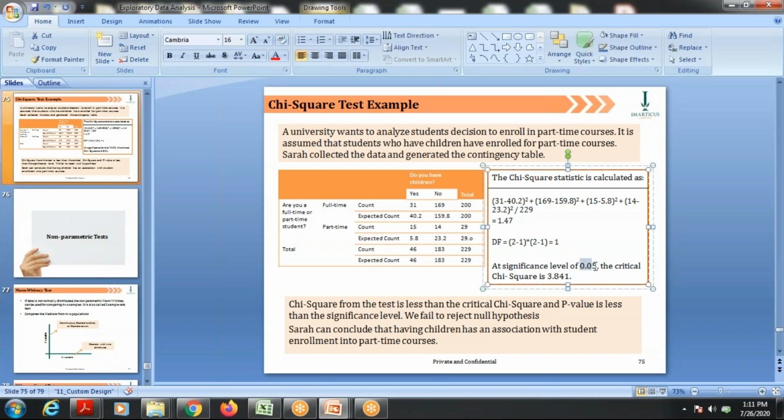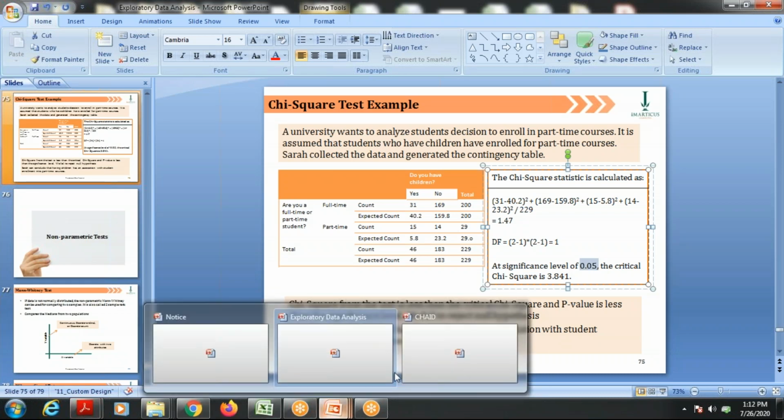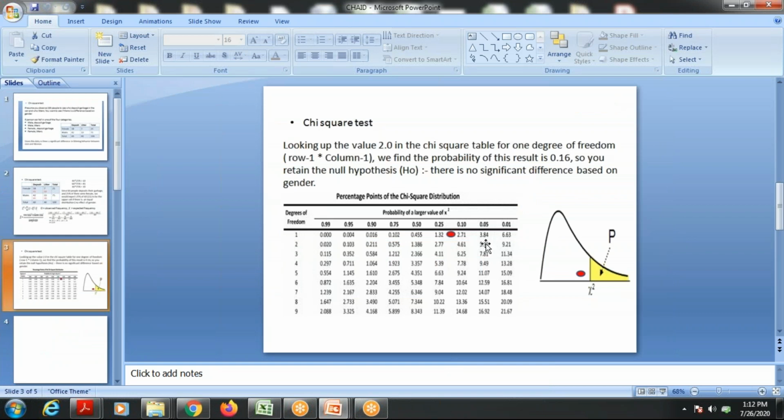For 0.05, 5% significance, that's what we just saw in the table here. Corresponding to 1 degree of freedom, we are looking at this value 3.84. So we need to compare with this 3.84.